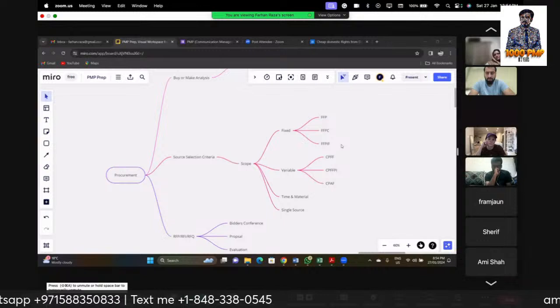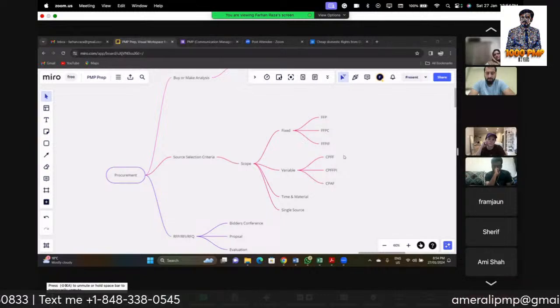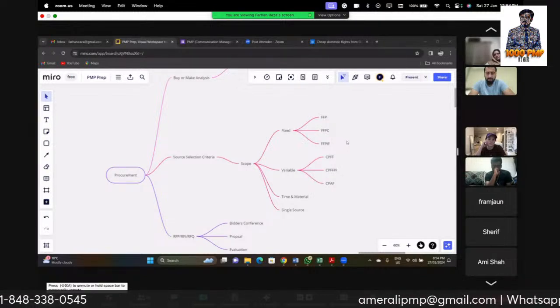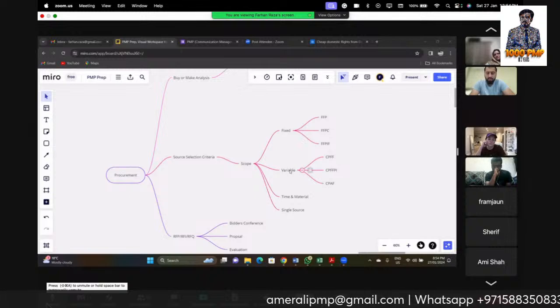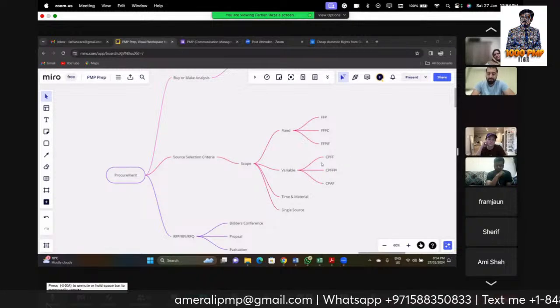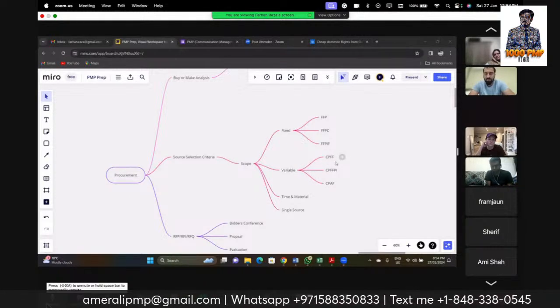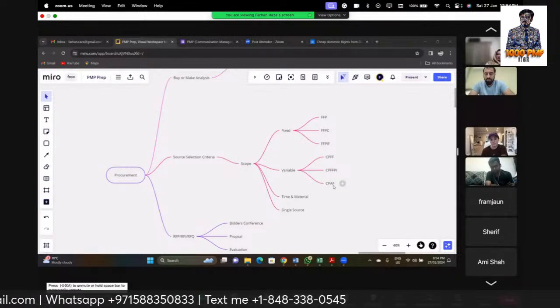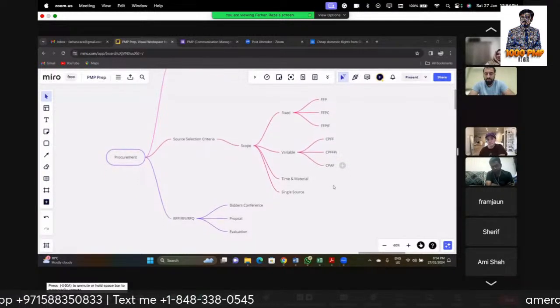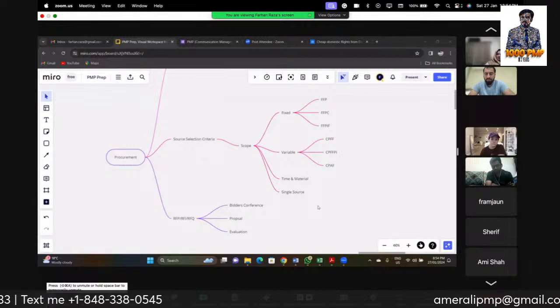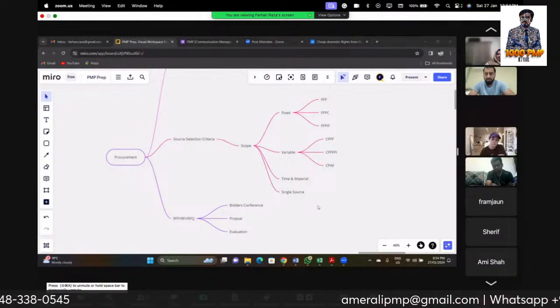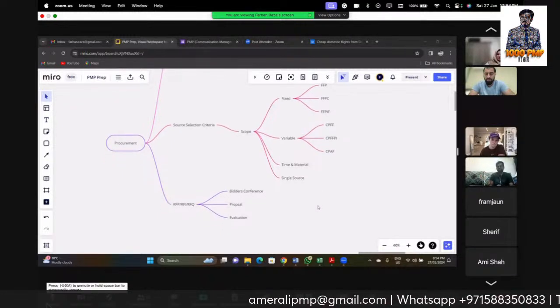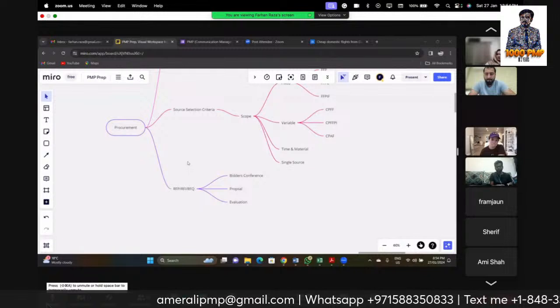I'm just forgetting the last name of it. Anyway, in the variable, it's similar: cost plus fixed fee, cost plus fixed fee plus incentive, and cost plus award fee. Time and material would be based on the time for the resources and the material cost. And the single source we already discussed.